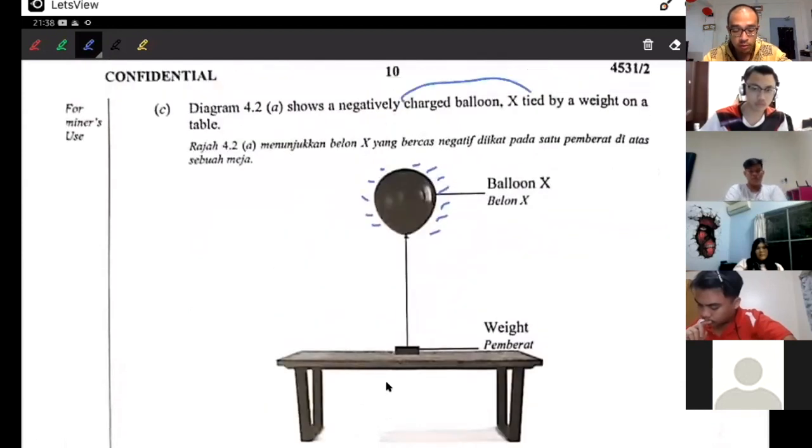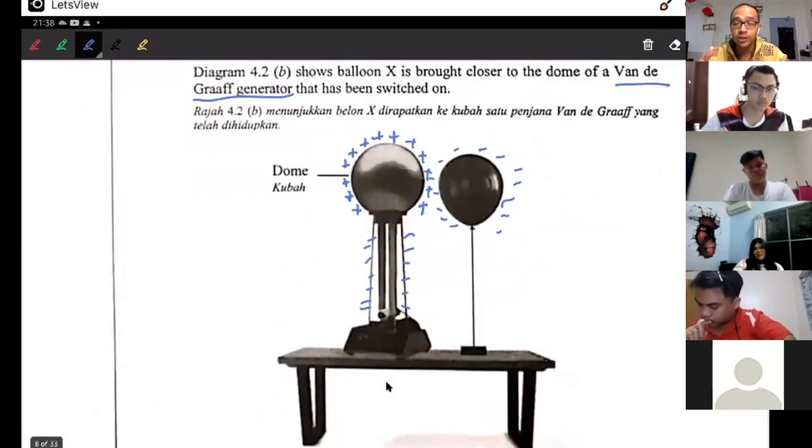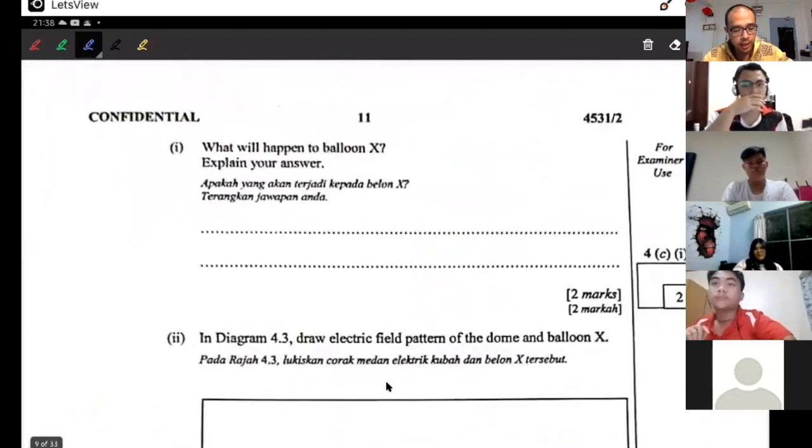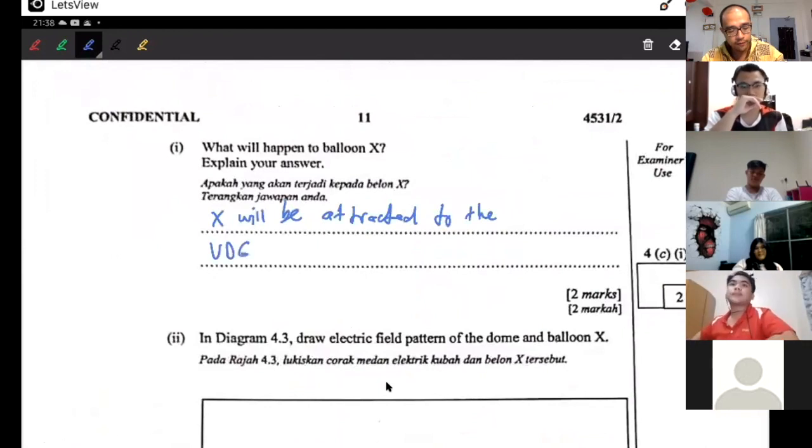Because the question already tells us: the balloon is negatively charged. So this is very natural. You see a positive, you see a negative, what will happen is X will be attracted to the Van de Graaff generator.